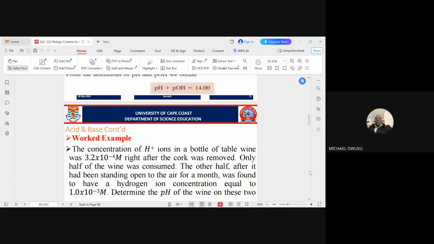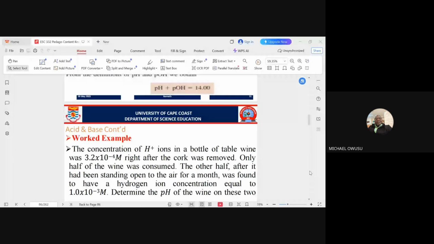Say it's 2.5. So that's going to be 10 to the power negative 2.5. If you find the antilog, that's what you get. So your hydrogen ion concentration then becomes 10 to the power negative 2.5. And what do you get?